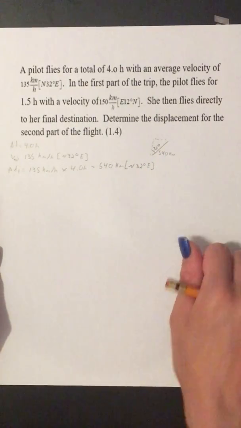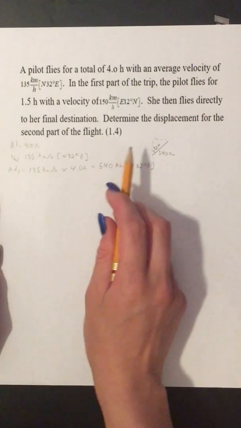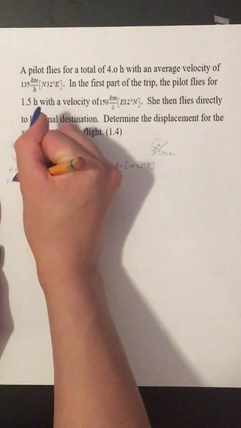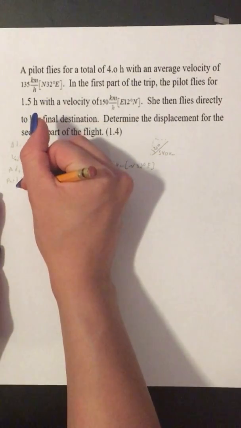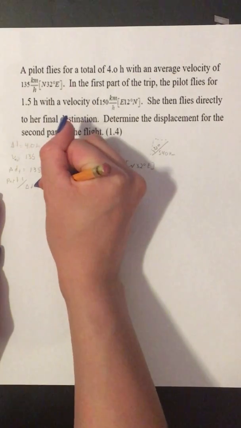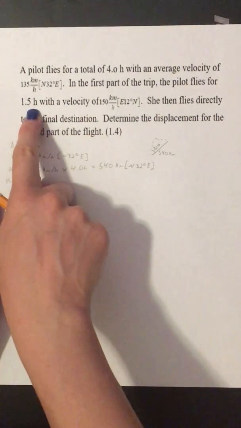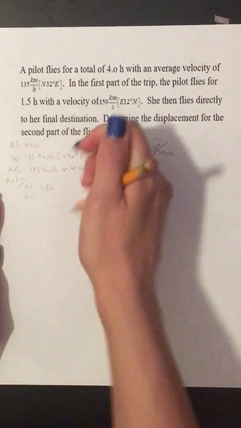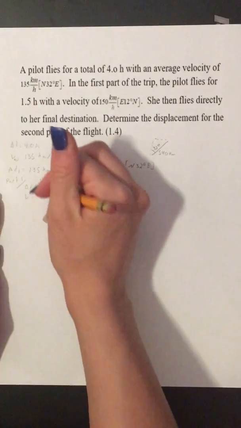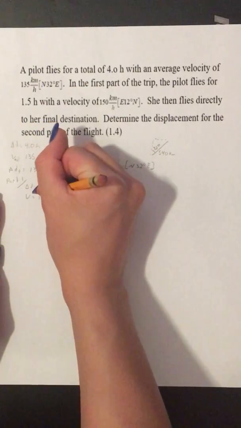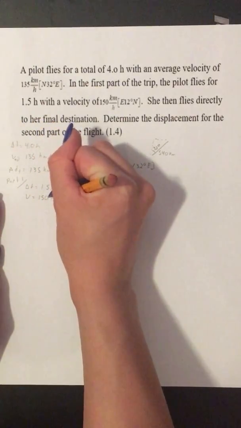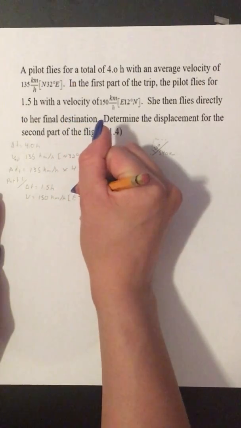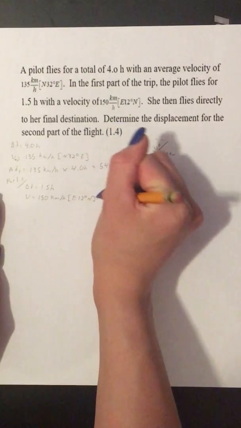Okay, and now we have a couple numbers for the first part of the flight. So part 1, we have the time, which is 1.5 hours given to us right here. And then we also have the velocity of the first part, which is 150 kilometers per hour. And then again, we have our angle. Our angle is going east 12 degrees north.